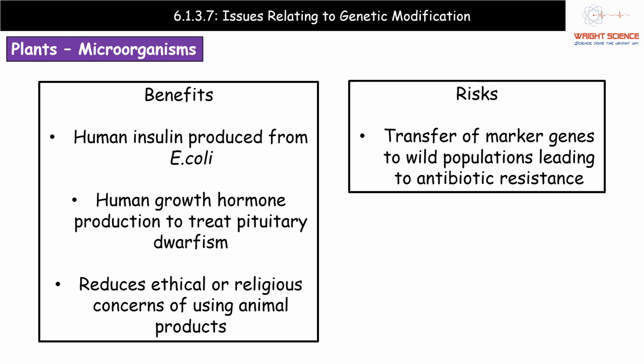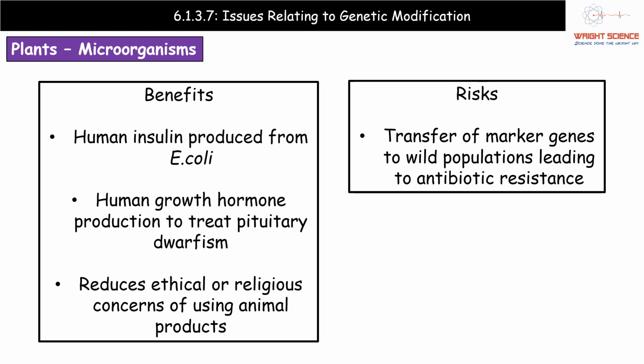So what we've got with our microorganisms is something that is going to reproduce very rapidly so that we can produce large amounts of our product very quickly, and we don't have those same religious and ethical concerns.